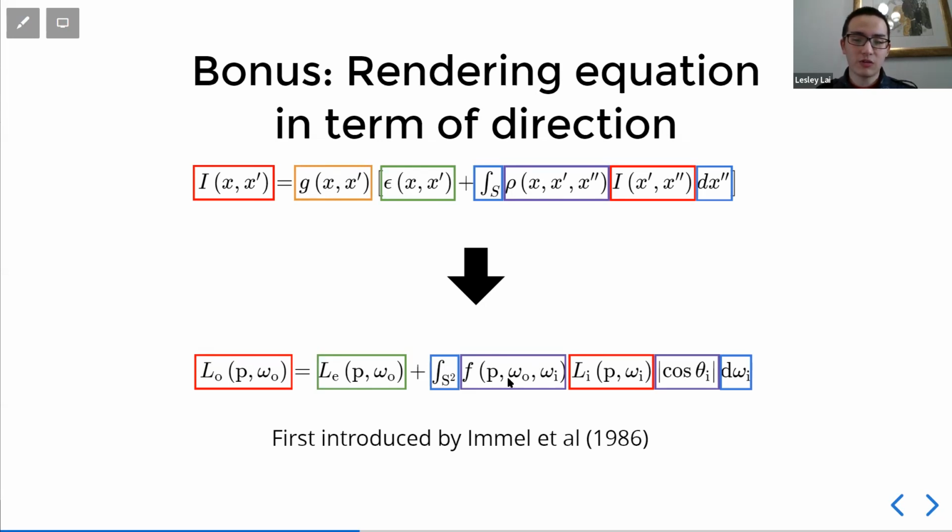And everything else is almost the same. We also have this cosine term, which in the Kajiya representation is really just inside the scattering term, but in this representation, we usually have an explicit cosine term or dot product term to represent Lambert's law, where the incident angle of light to the surface will contribute to how much the final light contributes.